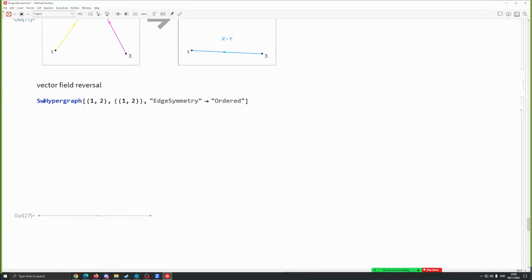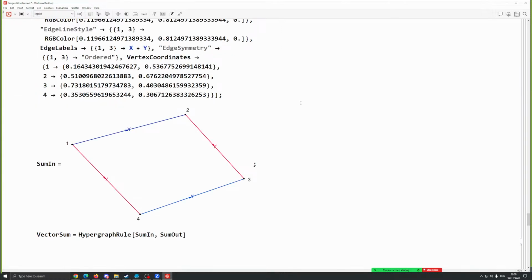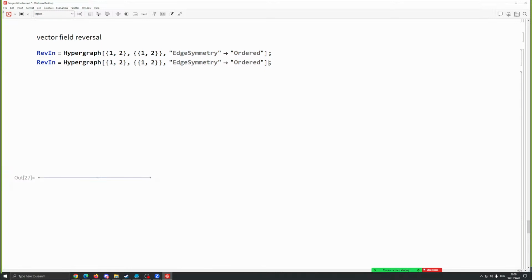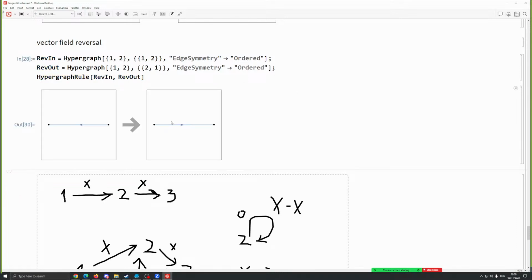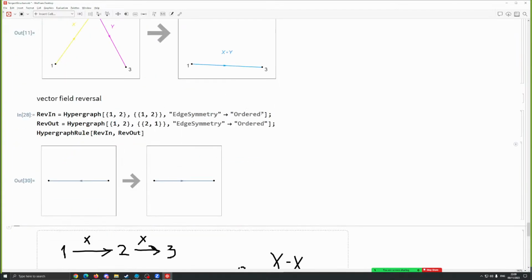So this is simple as P1. Read out. Graph. Oh, and the label?